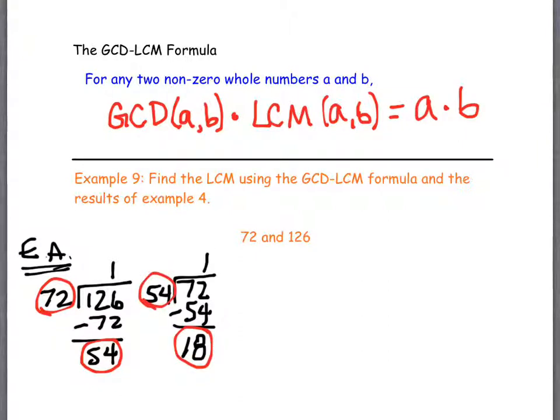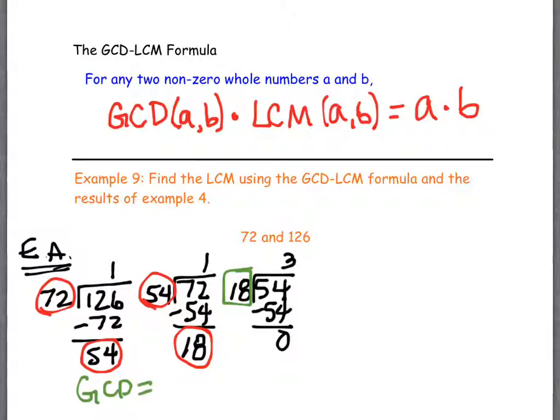We already did this once before, but I'm reminding you. And then you take the 54 and divide it by the 18. 54 divides by 18 exactly 3 times with no remainder. The fact that I get no remainder tells me that my greatest common divisor is the last number I divided by, 18.